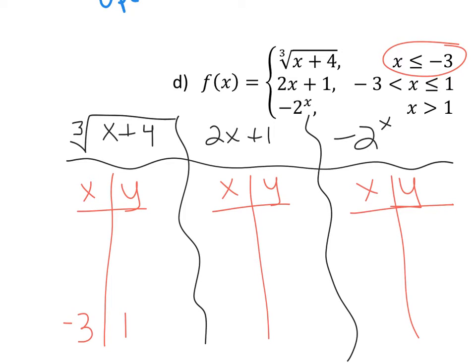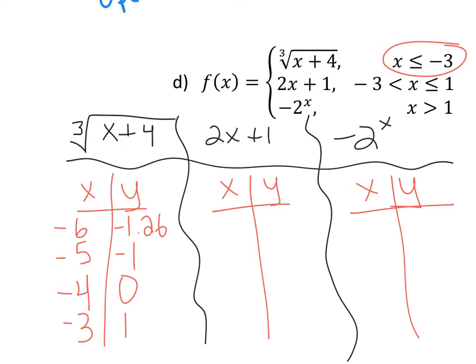I'm going to keep going up until I have whole numbers. -4, which is less than -3, has 0. -5 is -1. And it looks like -6 is a decimal, so I'm going to write it in, but I won't necessarily graph it. We'll see where that takes us. Okay, it's a rounded value.